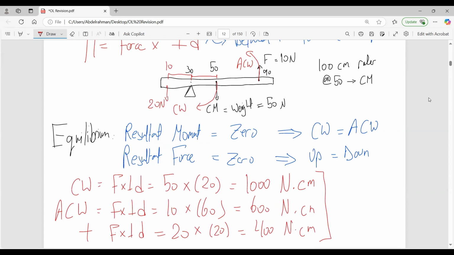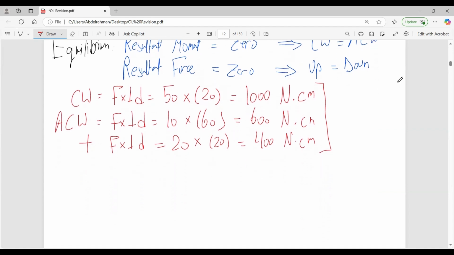We have a force of 10 newtons upwards, 50 newtons downwards, and 20 newtons downwards. Let's just write them down. The second condition says that the upward forces should be equal to the downward forces.